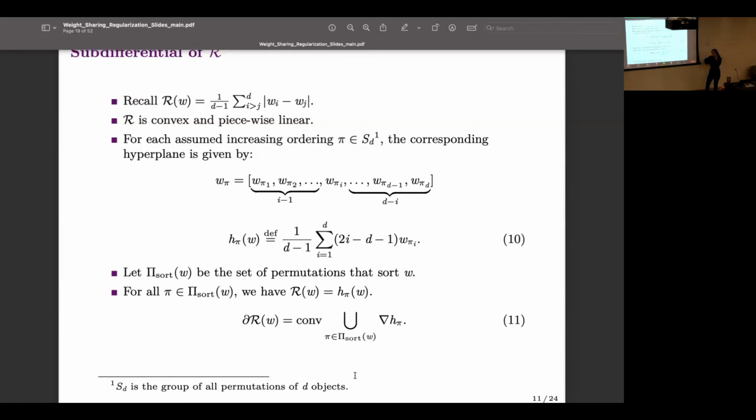But that happens when all W have the same value. Yes, that's just our worst case. In most cases it won't be. Only the ones that are sorted matter. So you have these hyperplanes, and the supremum, the pointwise maximum, is the valid hyperplane.